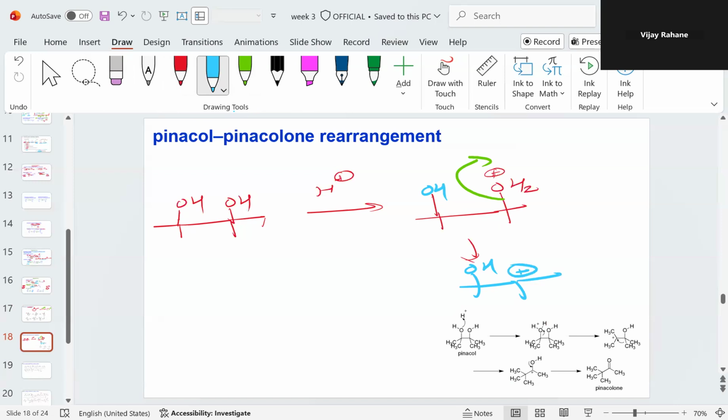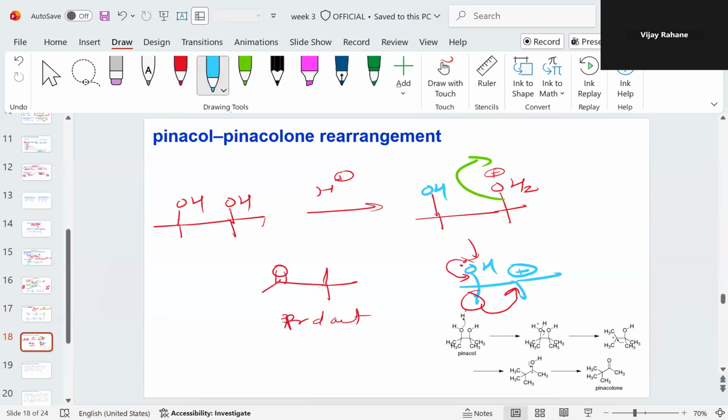From this carbocation, this hydroxy group has a lone pair of electrons which pushes in, and then this entire methyl group migrates here, and what we get? We get the carbonyl on the center, and on the other center there are three methyl groups. So this is what we get as a product.